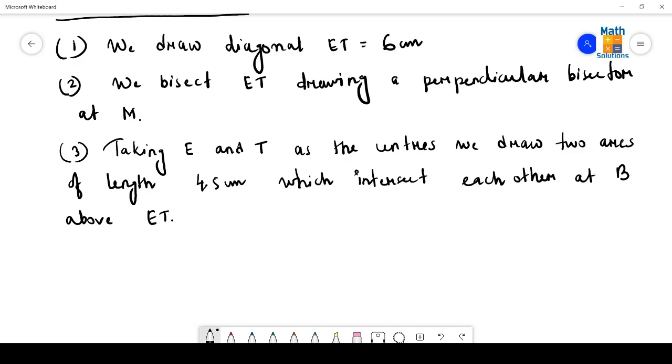After that, the same process we had repeated in the lower part, means below ET also.